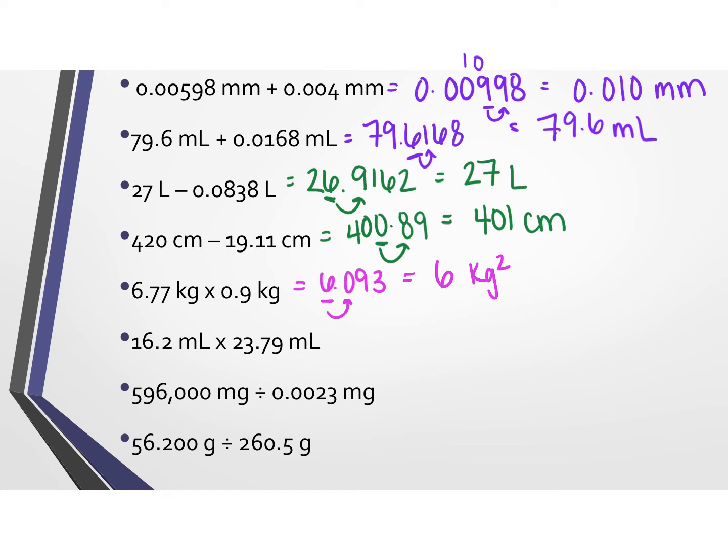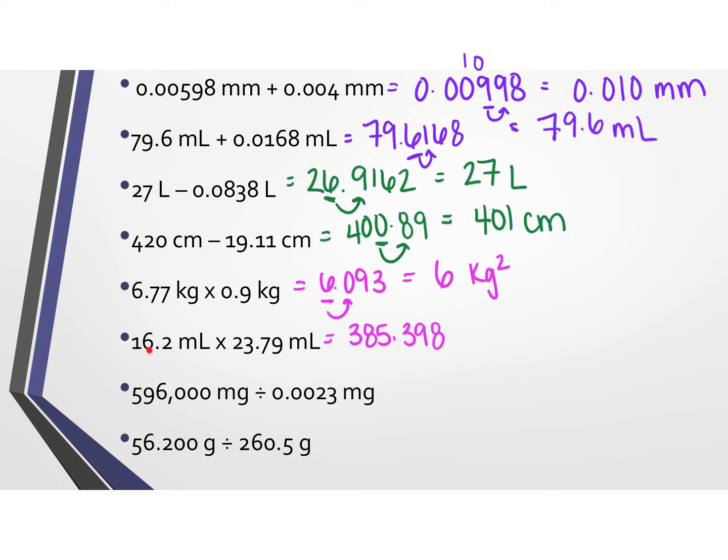Okay. Next, 16.2 times 23.79. Okay. 0.398. Okay. And are we counting sig figs or decimals? Okay, sig figs.